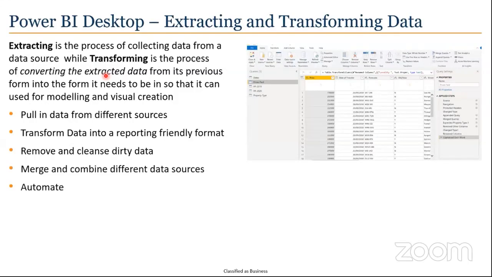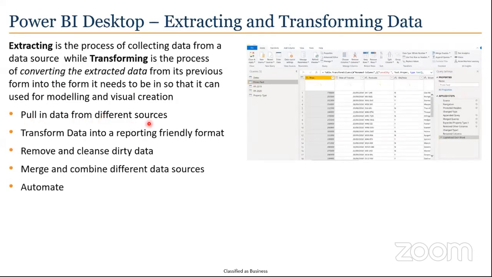So in this Power BI desktop, these are the activities we are going to perform, and finally we will visualize it and send the reports to the services. Extracting is a process of collecting data from the data sources, while transforming is a process of converting the extracted data from the previous forms into the forms it needs to be, so that modeling will help us to give the relationship between one table and another table.